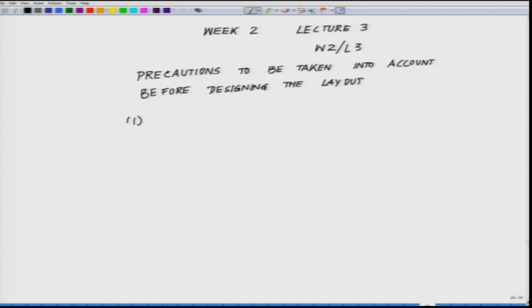So, before you even put the layout, keep this in mind. These are the things which you have to keep in mind.